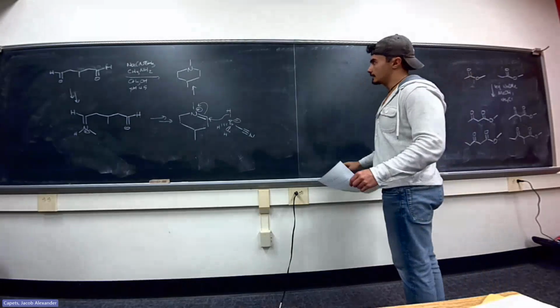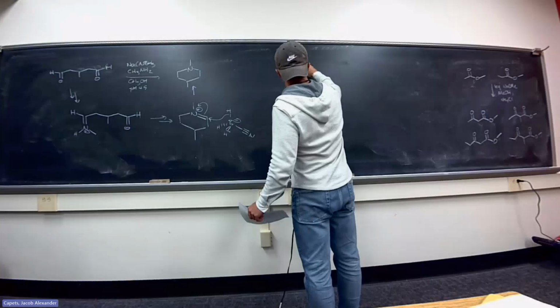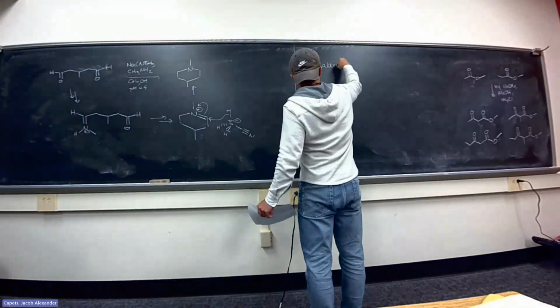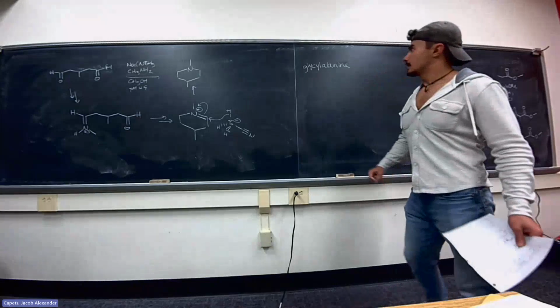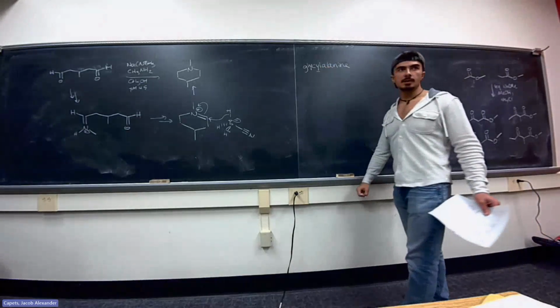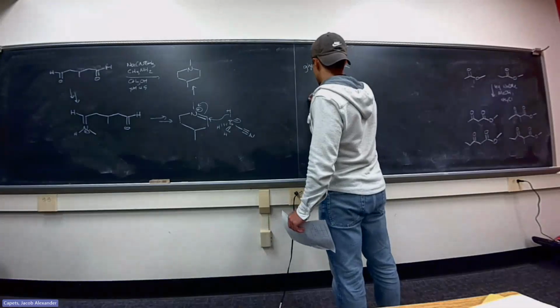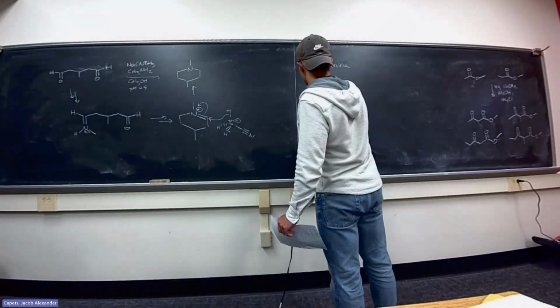So next we have glycylalanine. The part with the ethyl is going to be from the N terminus. Glycine is achiral, has no R group.